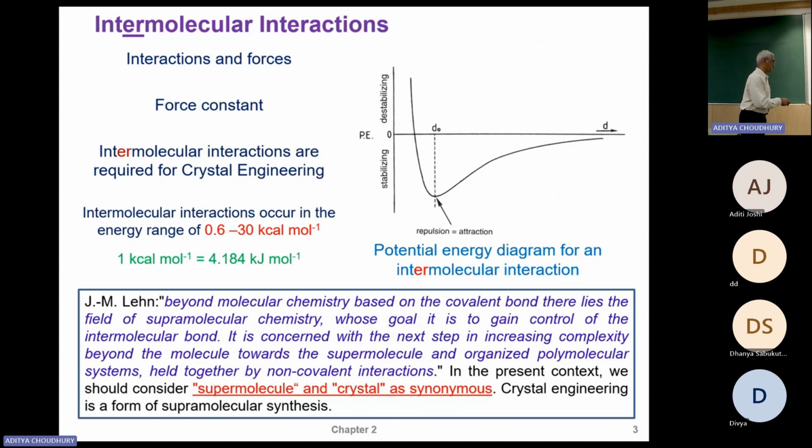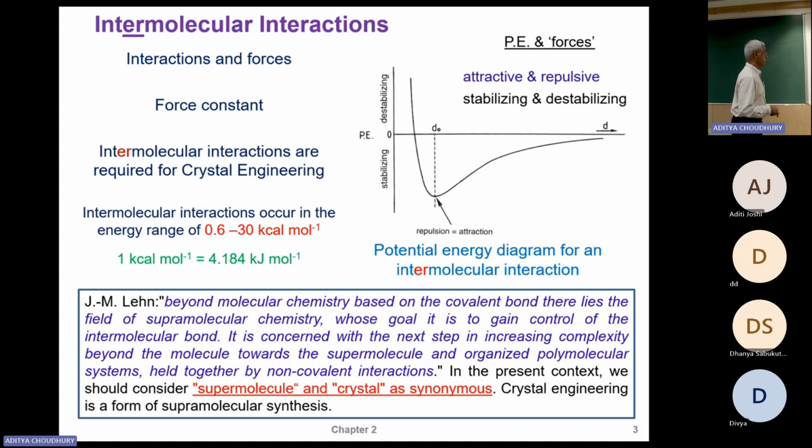And as I mentioned to you, a supramolecule is nothing but a crystal from the crystal engineering point of view. So you can talk in terms of interaction, attractive and repulsive, or stabilizing and destabilizing, in terms of energy or in terms of forces you can describe.